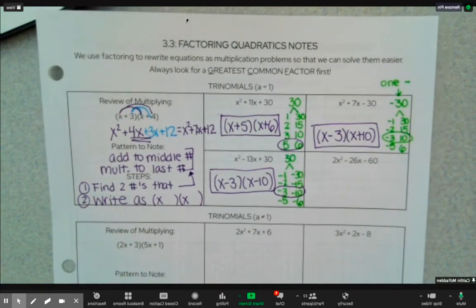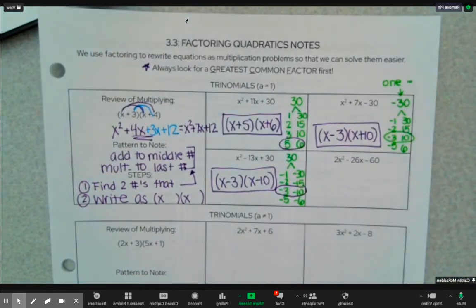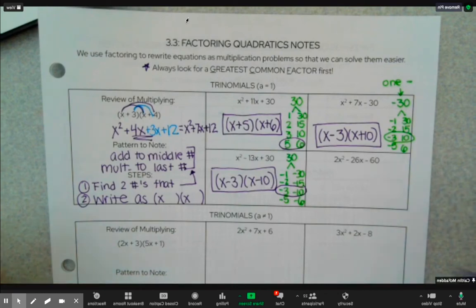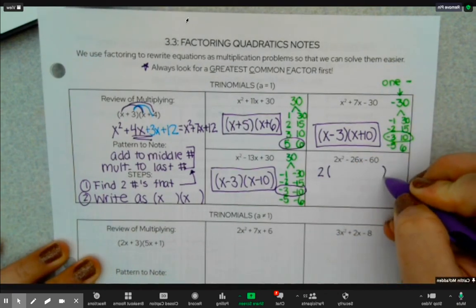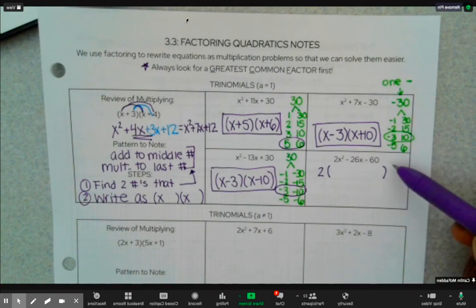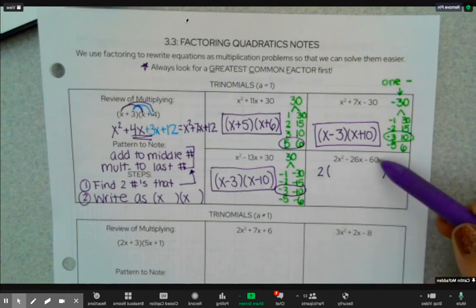And then this very last one follows this rule right here. A greatest common factor is a number that goes into all of these. So 2 goes into all of those. And what you're going to do is divide them all by 2. But the 2 can't just go away like it does in an equation because there's no equal sign. So instead, we just put the 2 out here because we still have to be able to multiply and get this back.